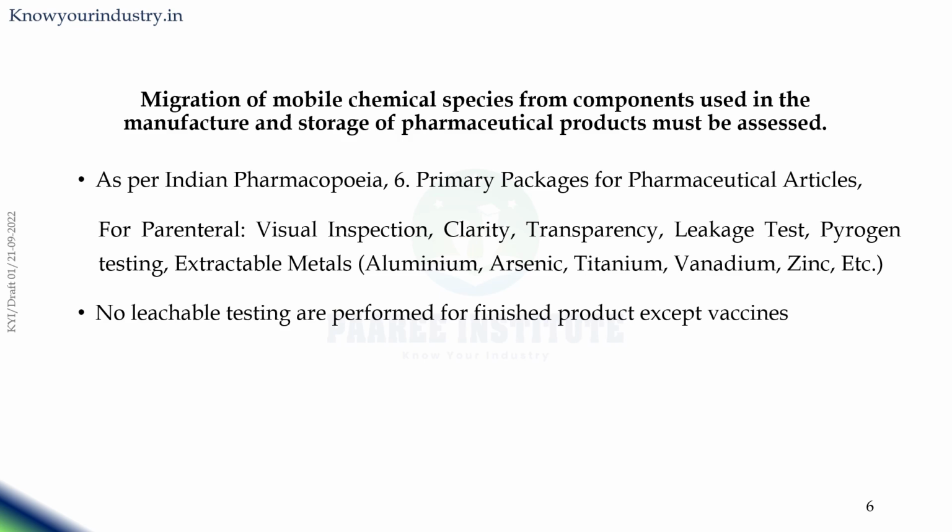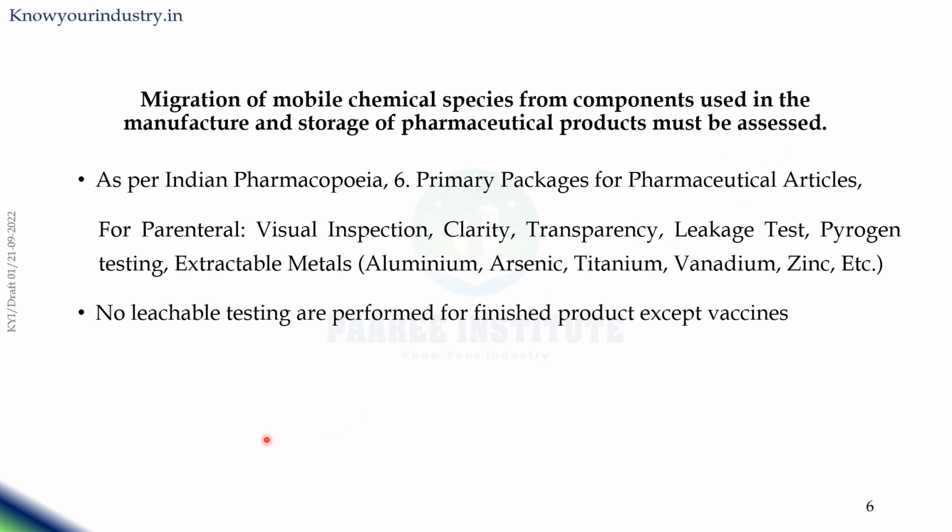So basically what we are trying to say from this introduction is that impurities, leachables and toxic materials can be present in pharmaceutical products, which is detrimental to the safety of the product, and they should be controlled. This migration of mobile chemical species from the components used in the manufacture and storage of pharmaceutical products must be assessed.